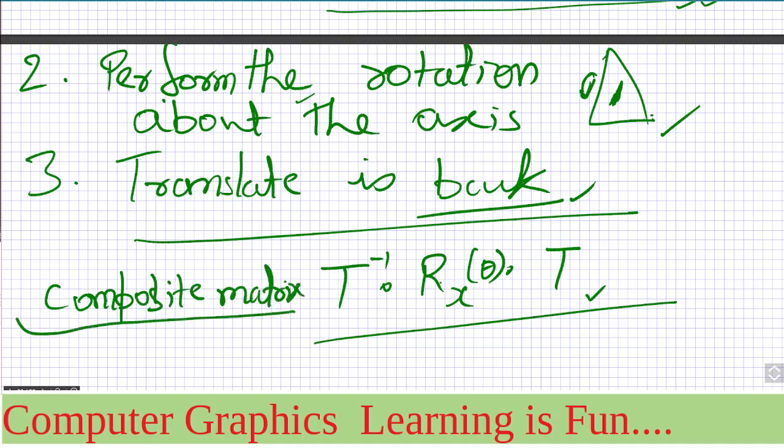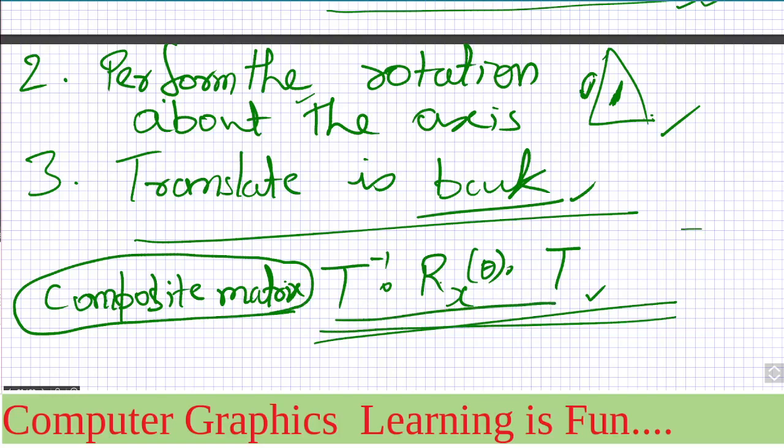You can multiply these matrices easily, and after multiplication you get a single composite matrix which can be multiplied directly to the pixels, so that you get your desired result.